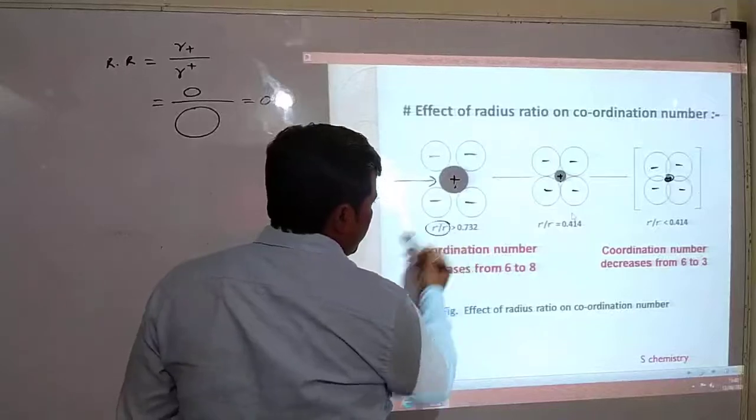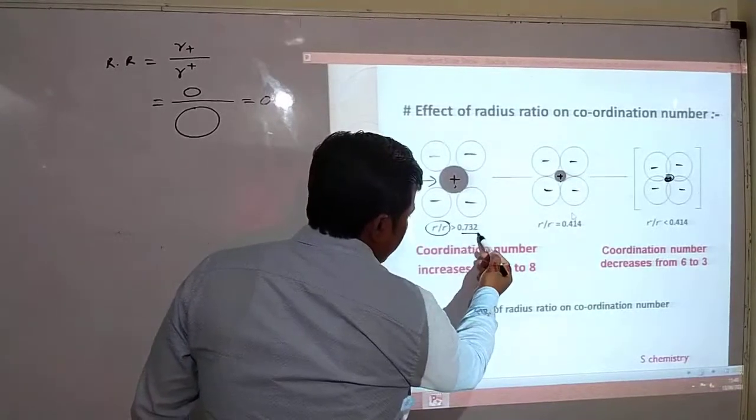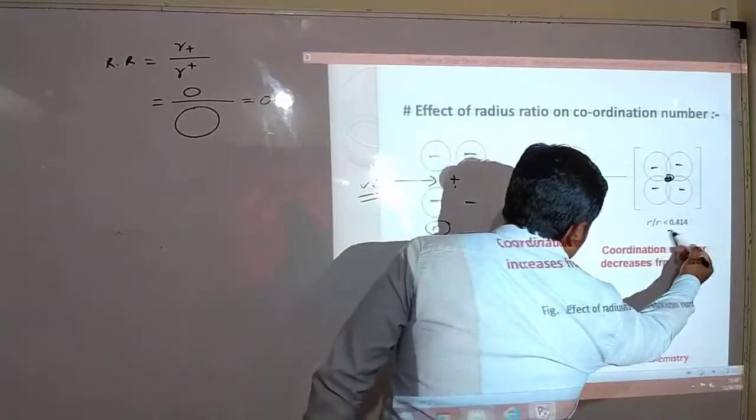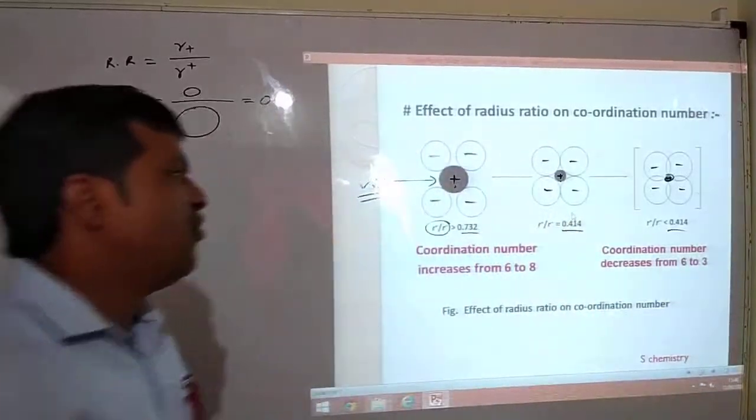what about the radius ratio? Here it is greater than 0.732, and here it is less than 0.414.